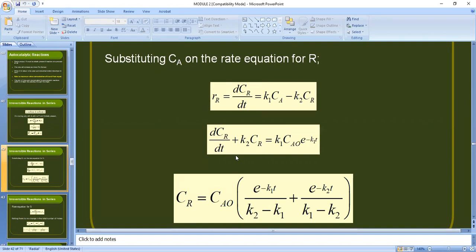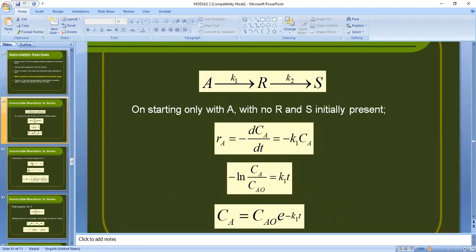And this is already comparable to a linear DE. This is your derivative. This is your P of X, and this is your Y, if our variables are X and Y. P of X times Y. And notice that you cannot have a C sub A here, since your unknown function is C sub R. So you change the C sub A in terms of the formula that you got from the first step of your two-step reaction.